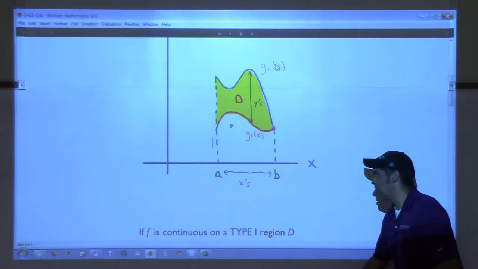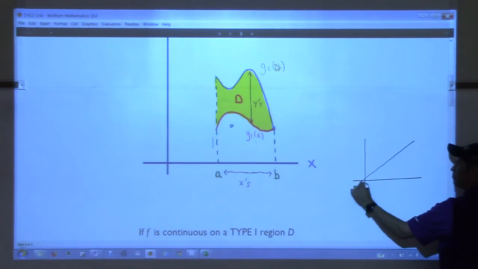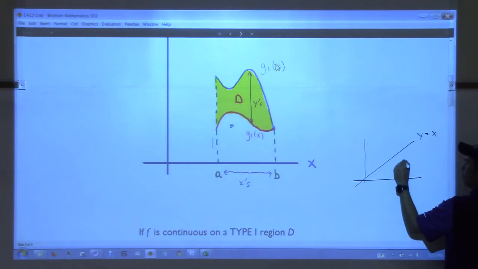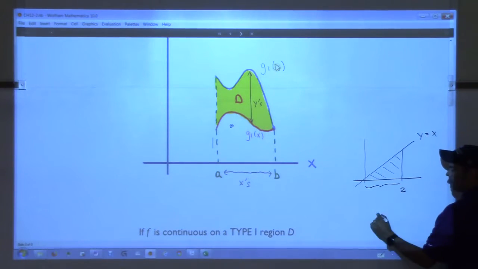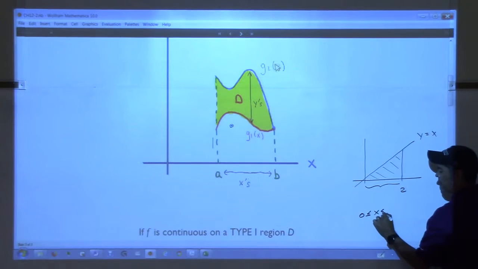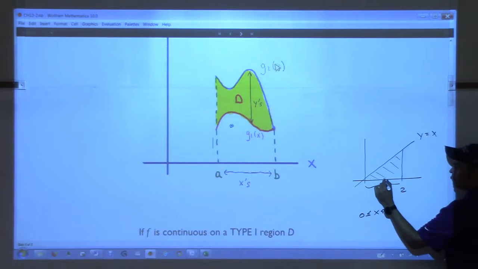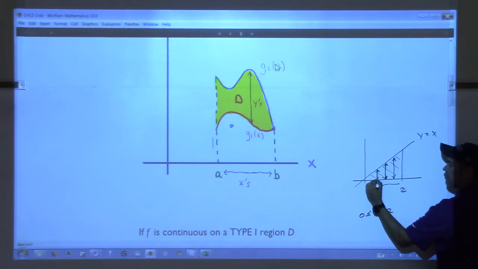Let me give you a simple example of this. That's a type 1 region. Because your x's are between what? 0 and 2, right? So your x is allowed to float between here and here, and then your y values are stuck between these 2 things.